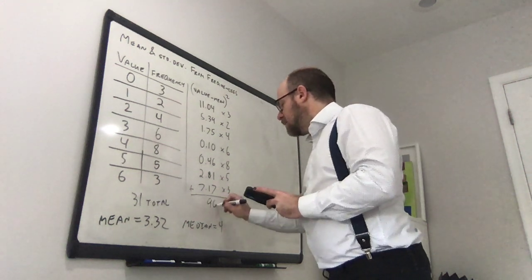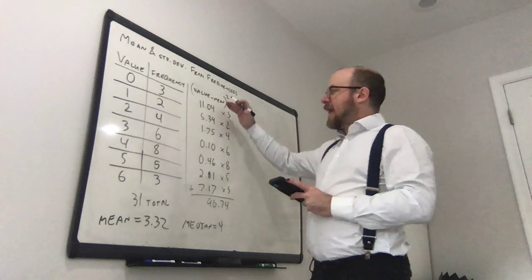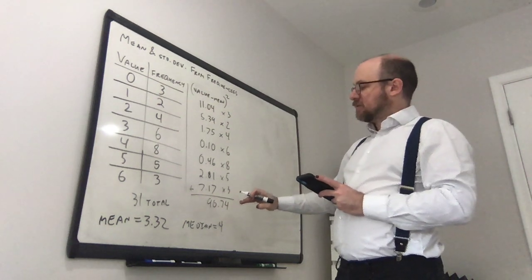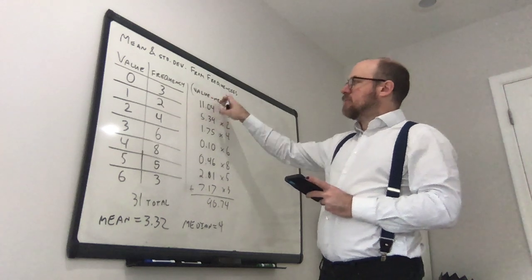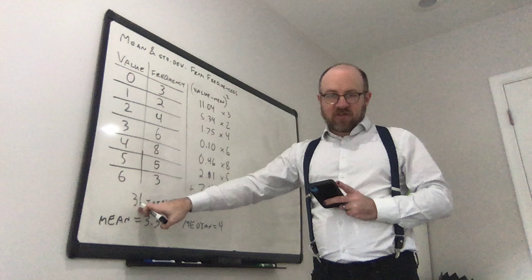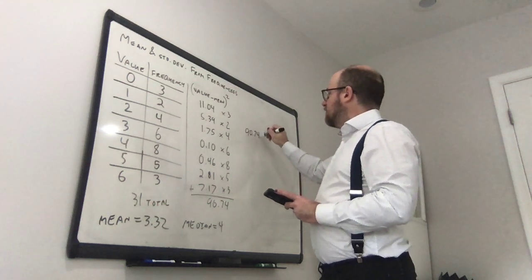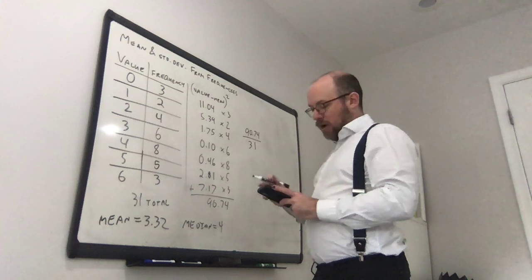So all of that adds up to 90.74. Okay? So remember, we added up all of the values. We took value minus mean, we squared it, we added them all up, we divide by the number of data points. So we're going to take 90.74 and divide by 31.